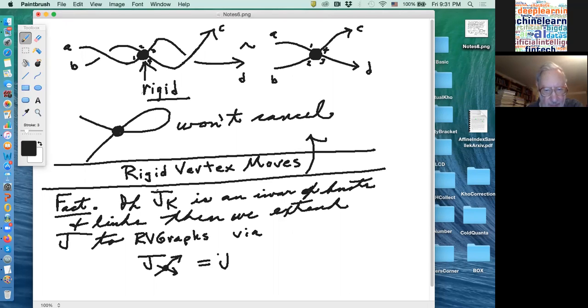You can do it in many ways, but let me show it to you for this. We'll replace it by an over vertex with a variable a, and another variable b for the under vertex, and expand in this way and evaluate J on the knots and links.